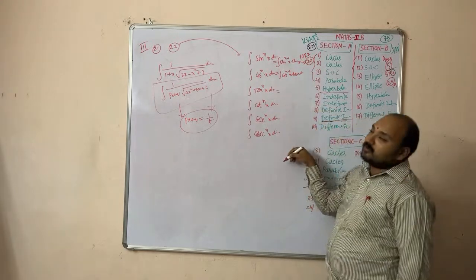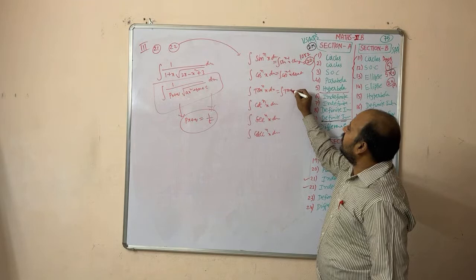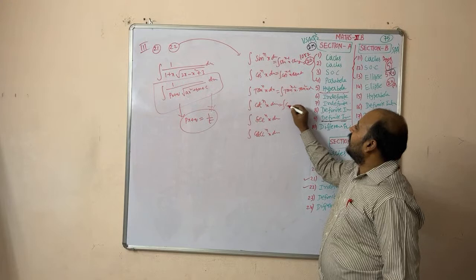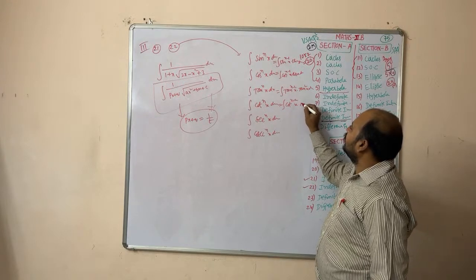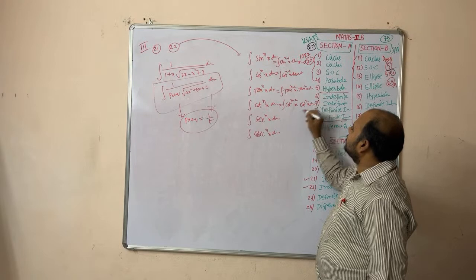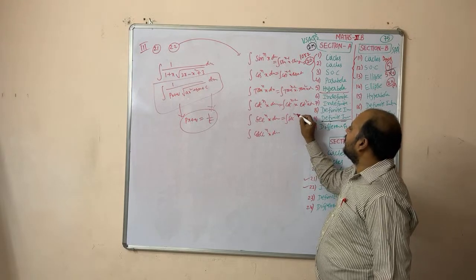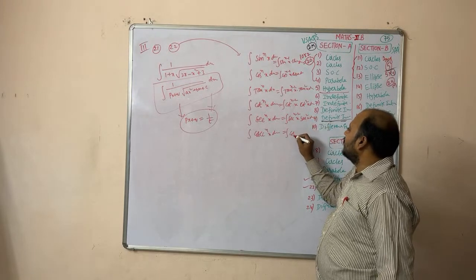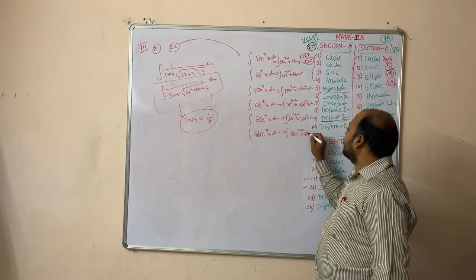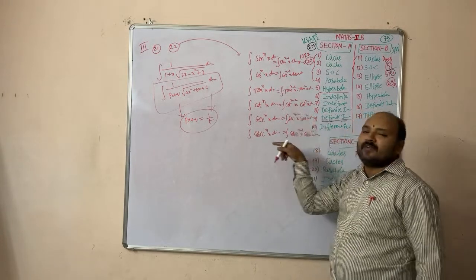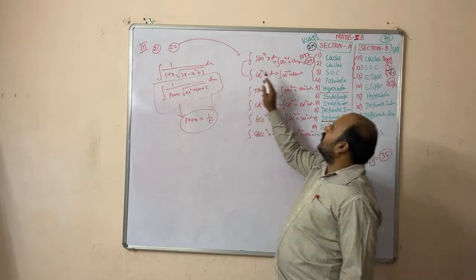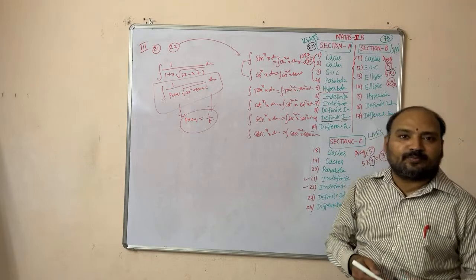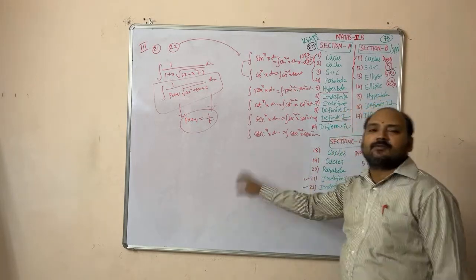For the other four, integral tan power n minus 2 x into tan square x dx, integral cot power n minus 2 x into cot square x dx, integral secant power n minus 2 x into secant square x, integral cosecant power n minus 2 x into cosecant square x dx. This is the way we can take it. Only for sin and cos it is power n minus 1, the other four are in terms of n minus 2. You can do it, dear students.